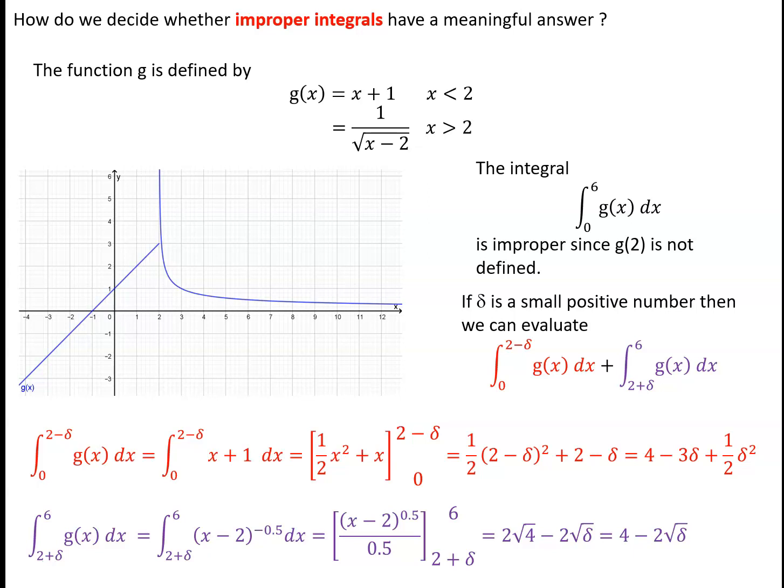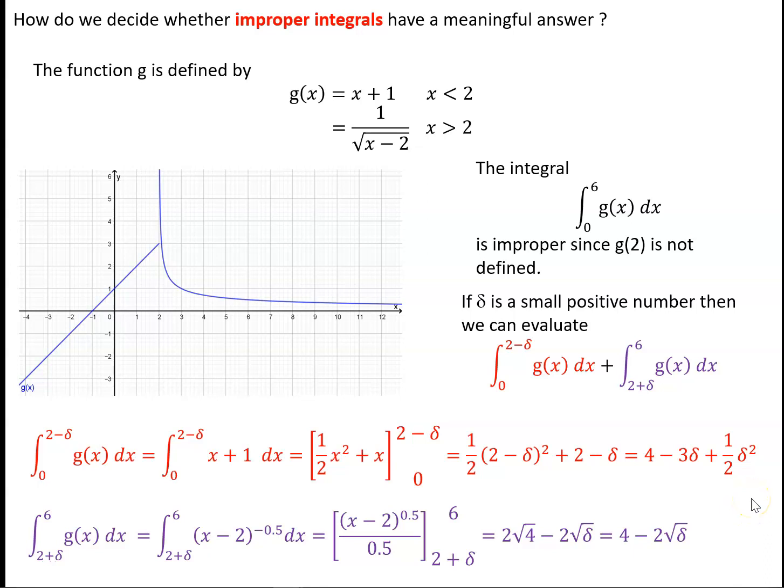If I put 6 in, I'm going to get 2 times the square root of 4. And if I put 2 plus delta in, I'm going to get 2 times the square root of delta. So the integral between 2 plus delta and 6 of g of x dx gives the final answer of 4 minus 2 root delta.